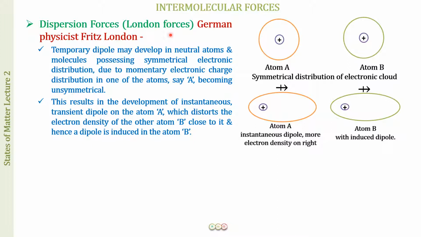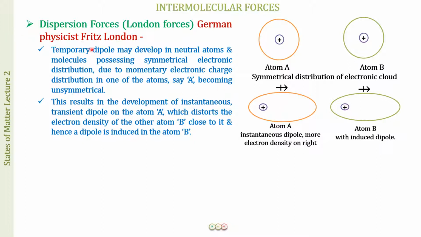I hope all this is clear to you. We had two atoms which had a symmetrical distribution of the electron cloud. At one moment of time, an instantaneous dipole developed in this atom A. As a result, atom B also got an induced dipole, and now they are attracting each other. Right? So this is a weak force.